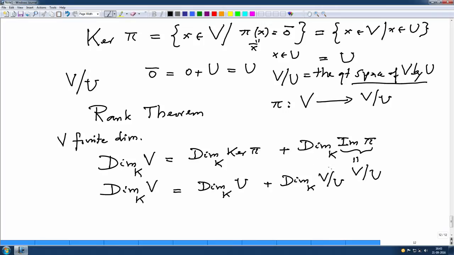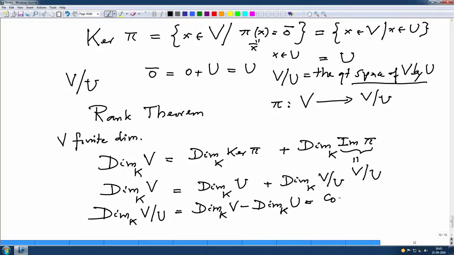And now if I want the formula for the dimension of V by U, I can shift this U to the other side. So the dimension of V by U equals dimension V minus dimension U. And remember this is nothing but the codimension of U in V. Some people also call this V by U a factor vector space, or quotient vector space, or residue class space.